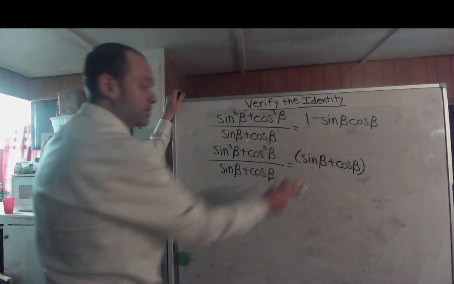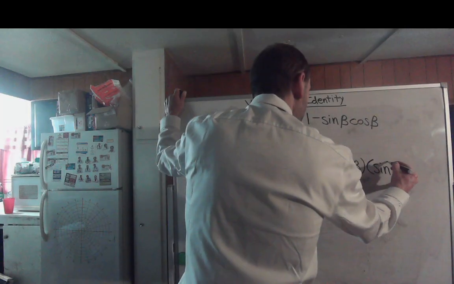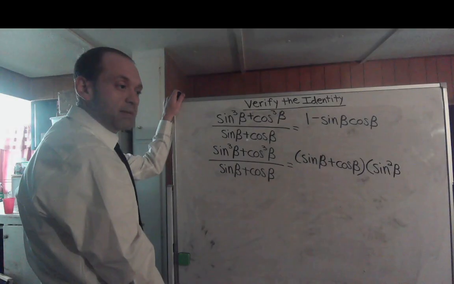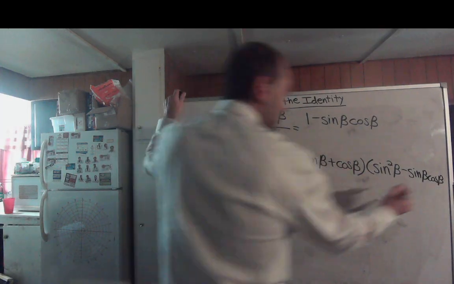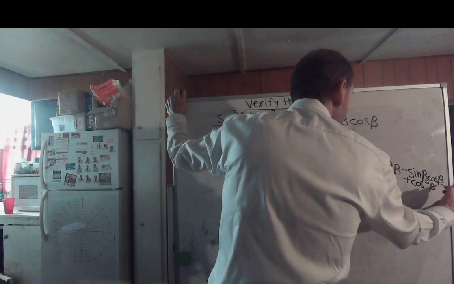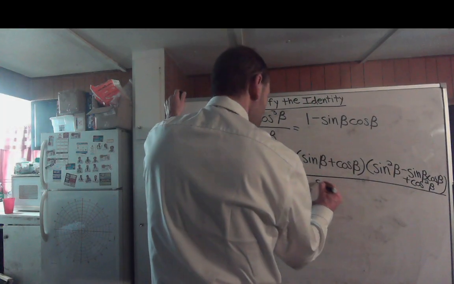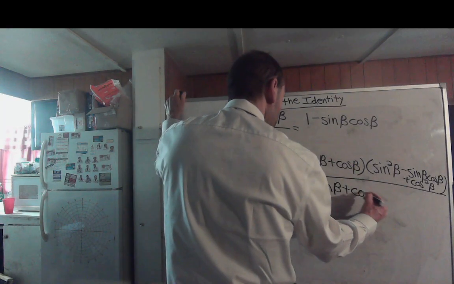Now take your first term and square it. You'll end up getting sine squared of beta. Now take your two terms, multiply them, then negate them. So you'll end up getting minus the sine of beta cosine of beta. Then square your second term. That'll be plus the cosine squared of beta. All that all over the sine of beta plus the cosine of beta.